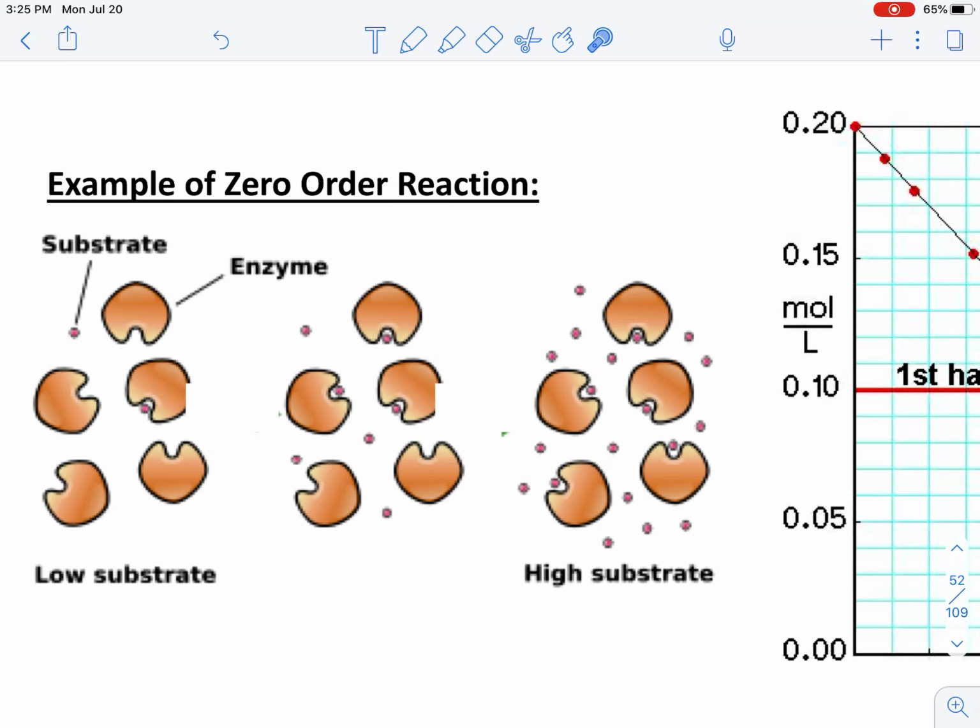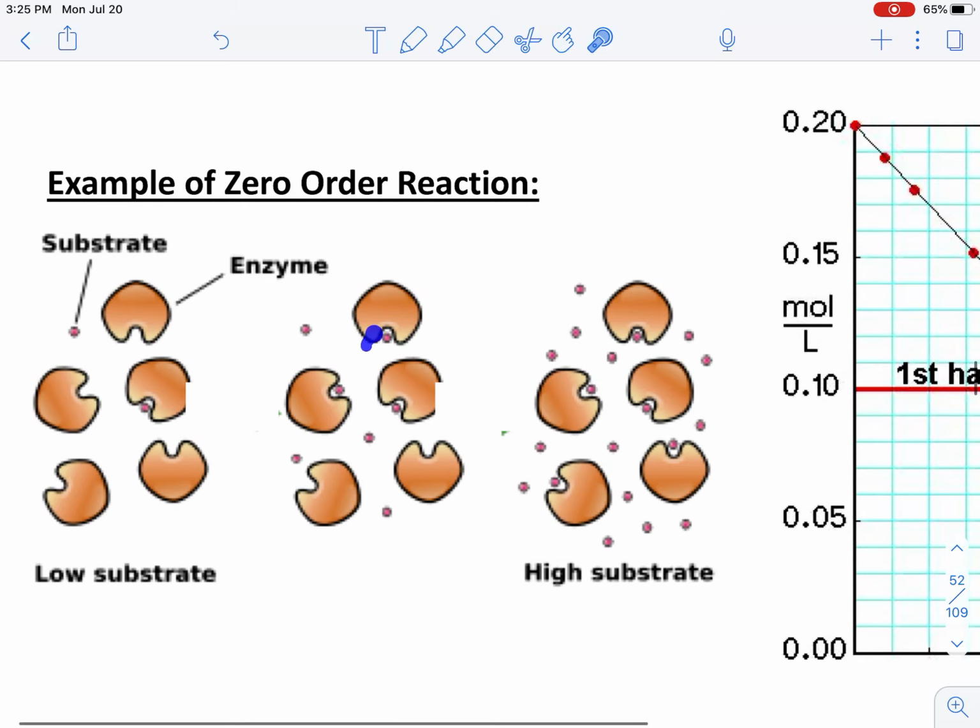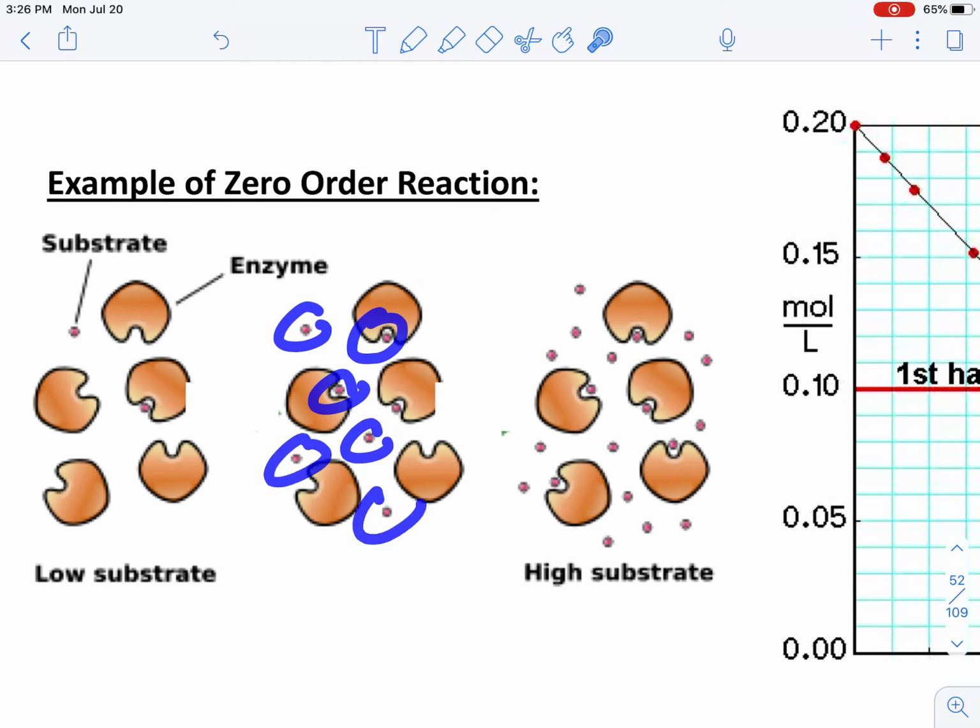Basically, if you have 5 enzymes, it doesn't matter how many reactant or substrate particles you have.